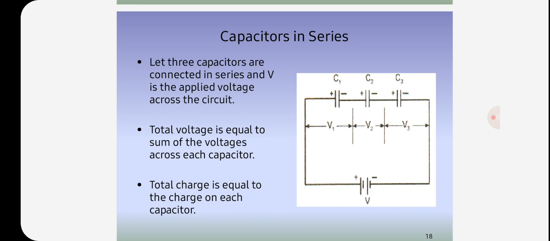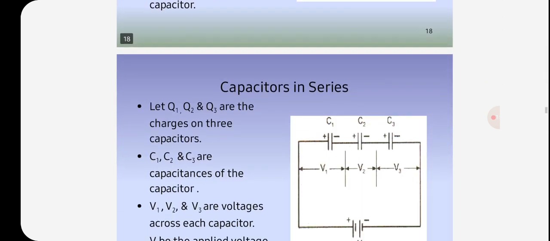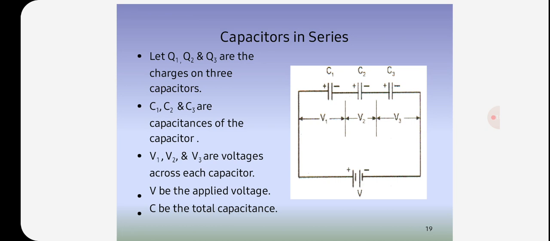Total voltage is equal to the sum of the voltages across each capacitor. Total charge is equal to the charge on each capacitor. The capacitors are in series. Let Q1, Q2, Q3 be the charges on the three capacitors.